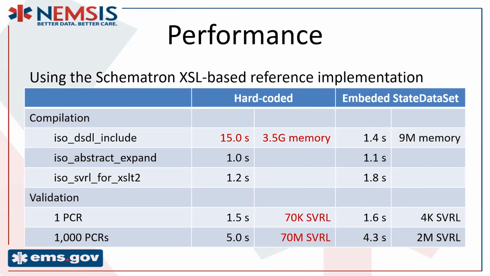What happens with the hard-coded approach is that the actual assertion test gets copied over into the SVRL output. And so you'll see huge differences in the size of the output here because the test itself is being included in the output. Let me demonstrate what that looks like.